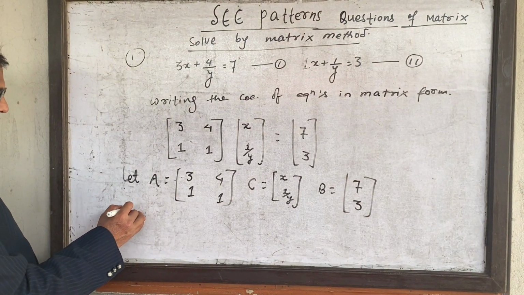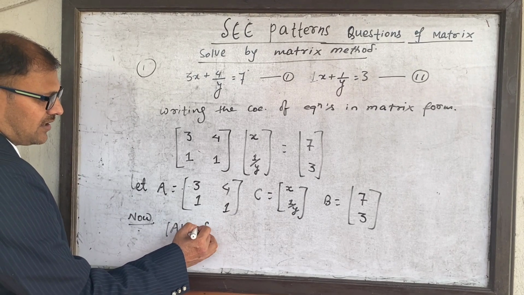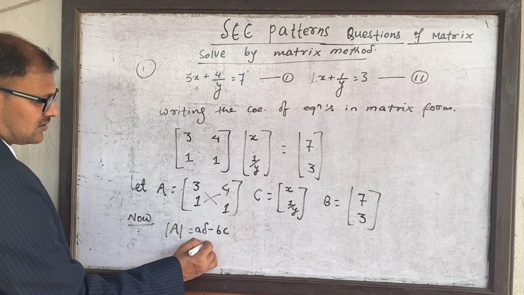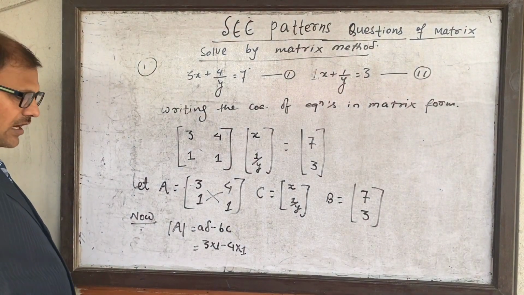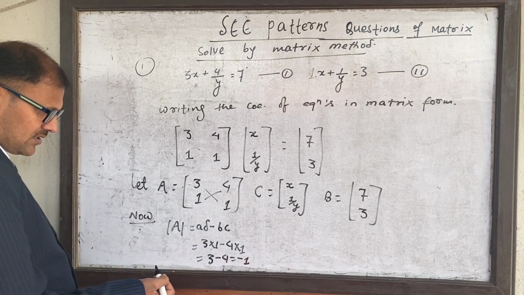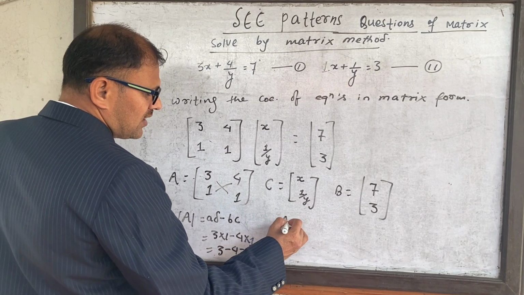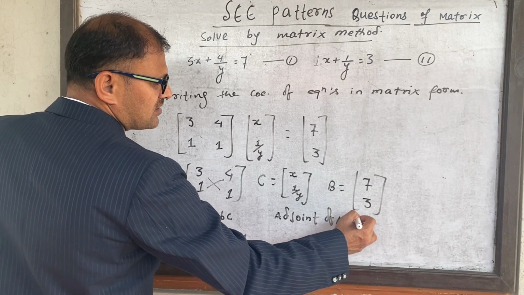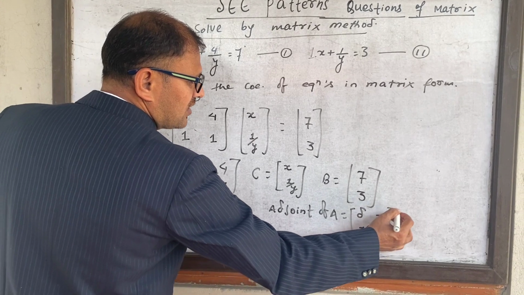Now the determinant of matrix A is AD minus BC, that means 3 into 1 minus 4 into 1, that means 3 ones are 3, minus 4 is equal to minus 1. Similarly, now we have to find the adjoint of A. Adjoint of A means D, A, minus B and minus C.